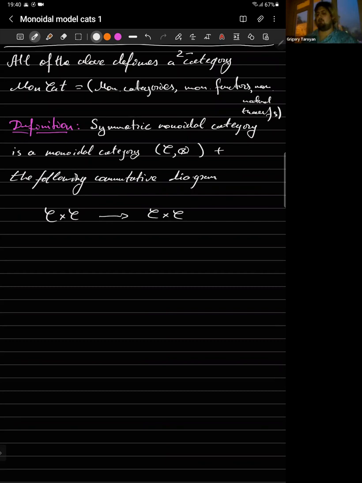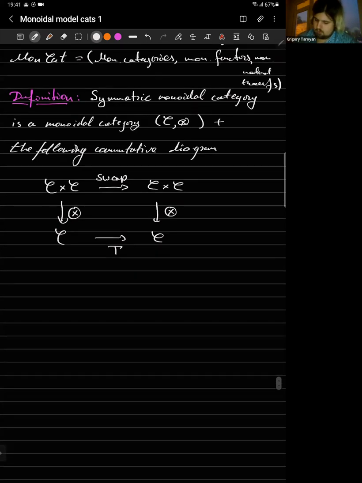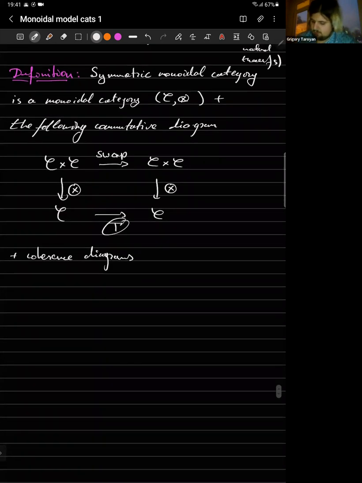Since we're talking about the bifunctor of tensor product, we can consider a swap operation on a tail, which just interchanges arguments. And this should induce a functor inside of the category C itself. So here we have tensor product. And of course, since we have this operation, we also should have coherence diagrams. But the basic idea is that we just have an isomorphism which interchanges arguments.